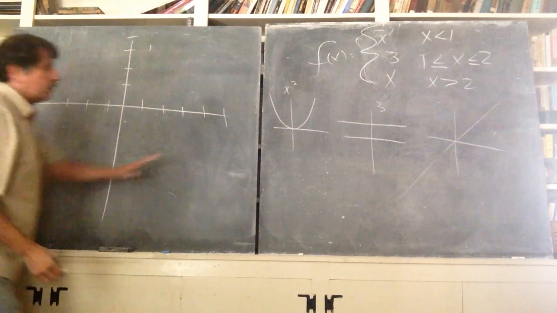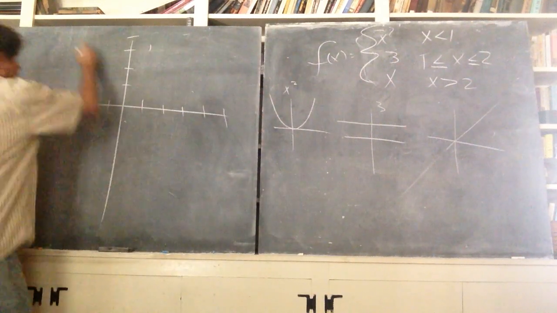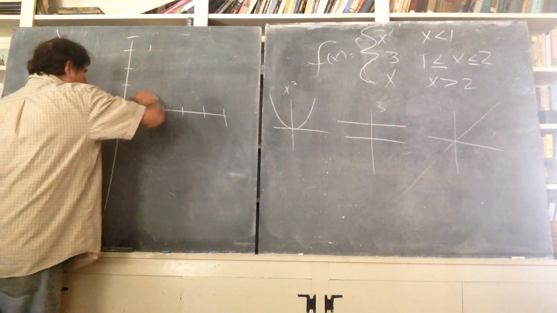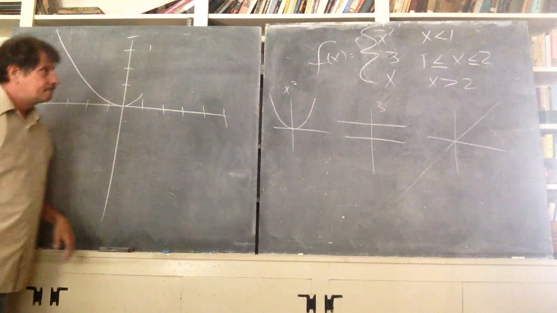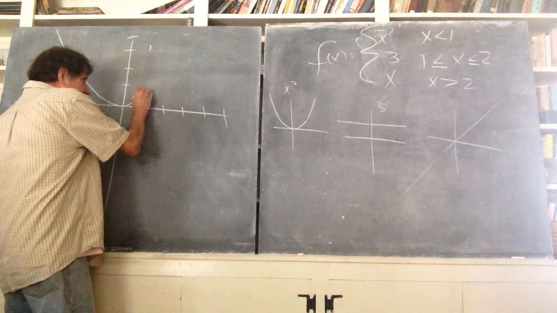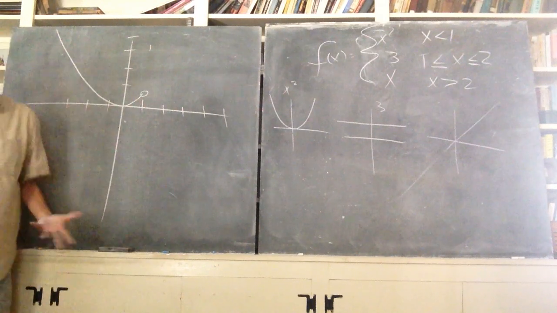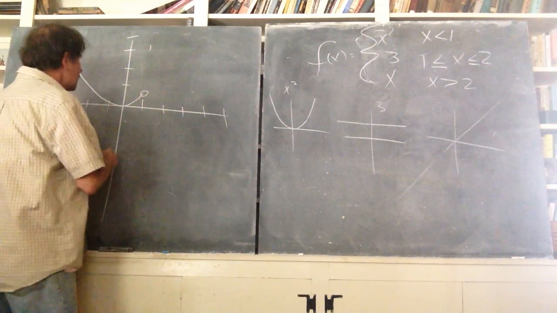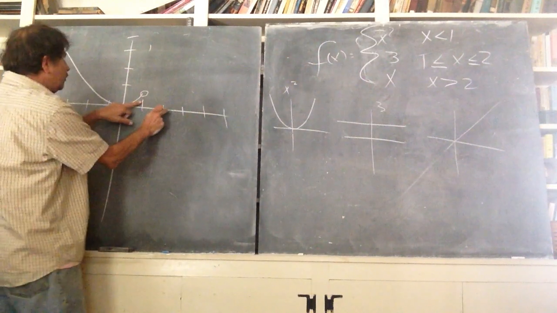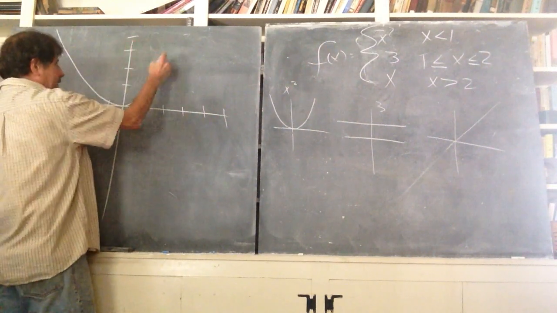Okay, x squared. This one right here just goes down, comes back up, and it stops right there. As a matter of fact, there'll be an open circle there because we do not want to include 1. And then from 1 to 2, it's y equals 3.